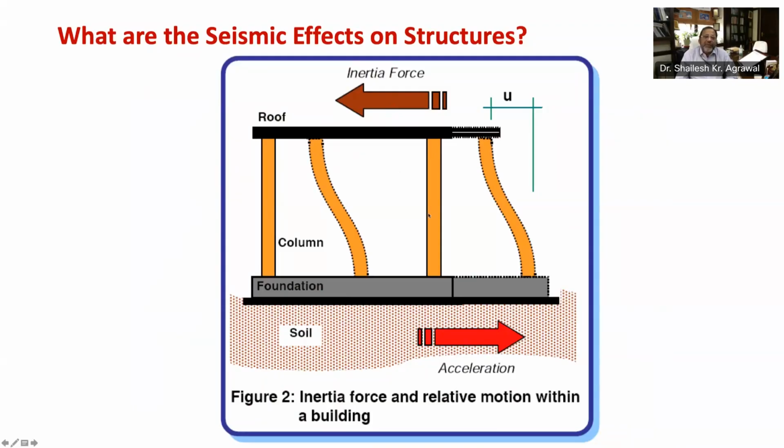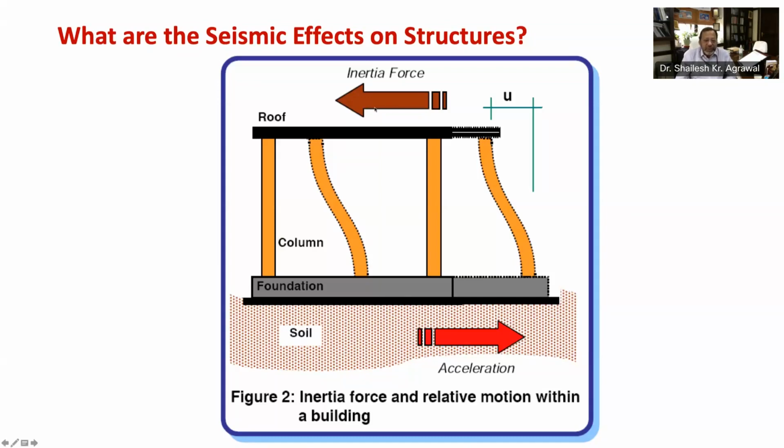So the inertia force equal to mass M into A acts in the opposite direction of ground shaking during earthquakes. So remember, more mass means higher inertia force, means heavier buildings will attract more forces during earthquakes, and therefore lighter buildings sustain the earthquake shaking better.